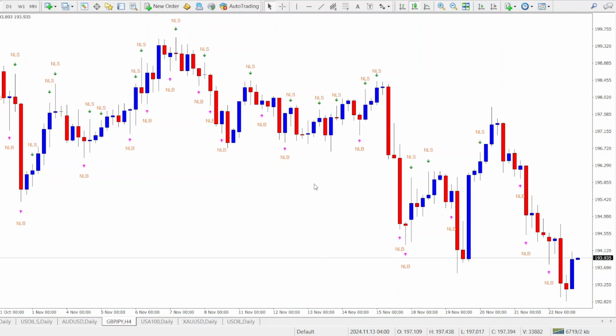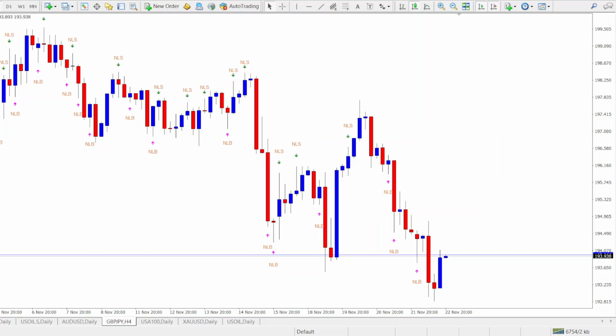Now it might look a bit complicated, but basically the indicator gives you straightforward signals on the chart. As we can see, the indicator works by placing arrows above or below the candlesticks, and it also makes use of a color code.